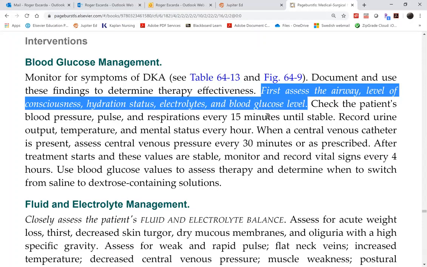Now you may argue, oh, that takes a long time. What about the blood glucose? It's not like there's hours in between these. The moment the patient's in the ER, you give oxygen right away. It doesn't take 5 minutes from when you gave oxygen to when you started fluids.